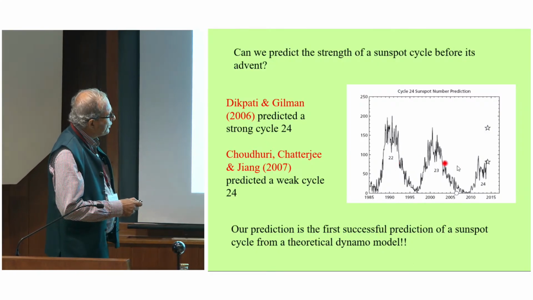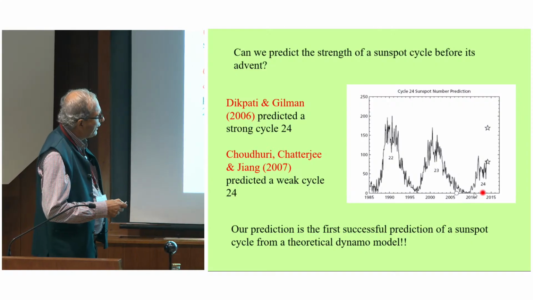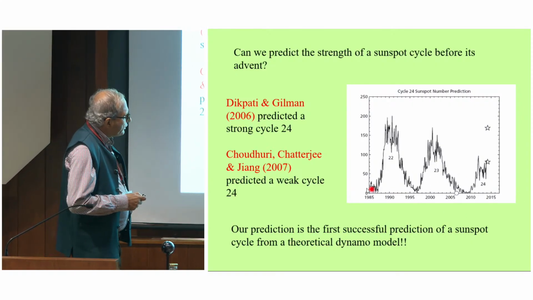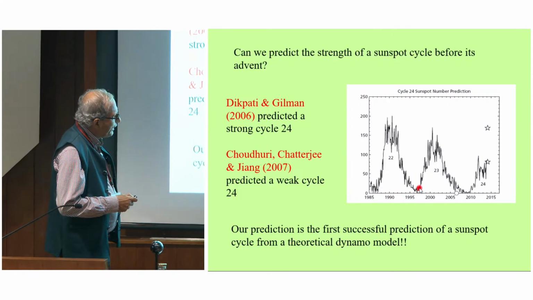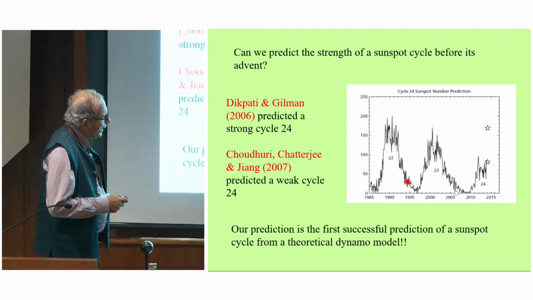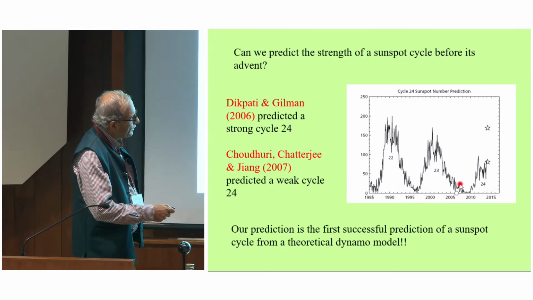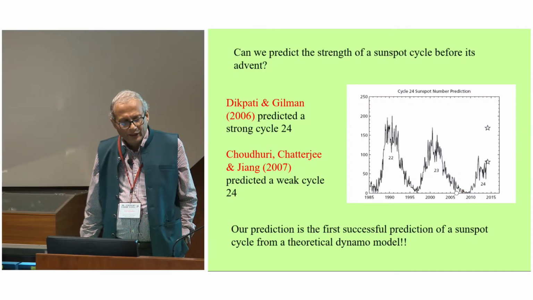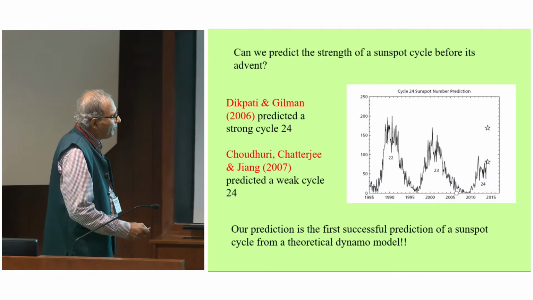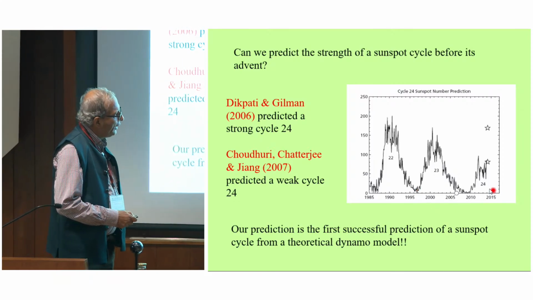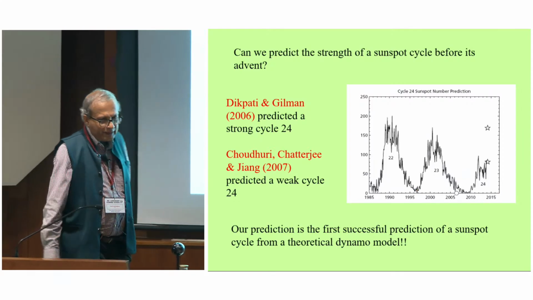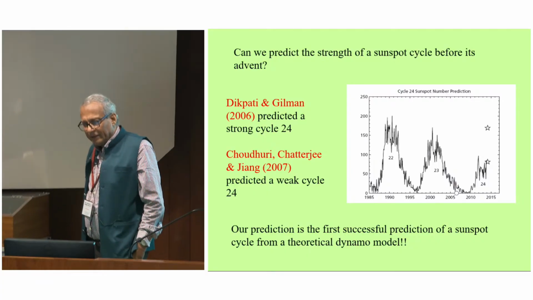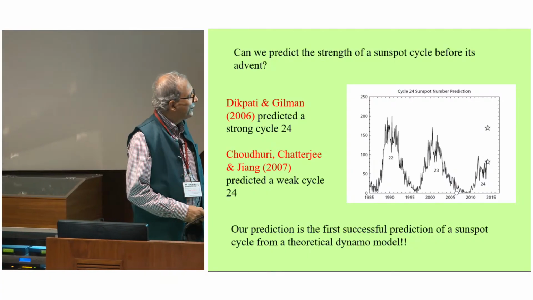And here I show a plot of sunspot number during the last few years. So the flux transfer dynamo model was developed around this time, around this sunspot minimum. This next sunspot minimum was the first sunspot minimum when there were some sophisticated models of the solar dynamo, and whether these models could predict the strength of the next cycle became a very important question.